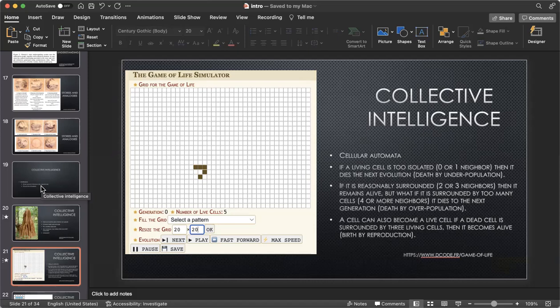If each cell is reasonably surrounded, say 2 or 3 neighbors, then it remains alive. Otherwise, if it's surrounded by too many cells, 4 or more neighbors, then it dies in the next step. And the last rule is that a dead cell becomes living if it is surrounded by three living cells.